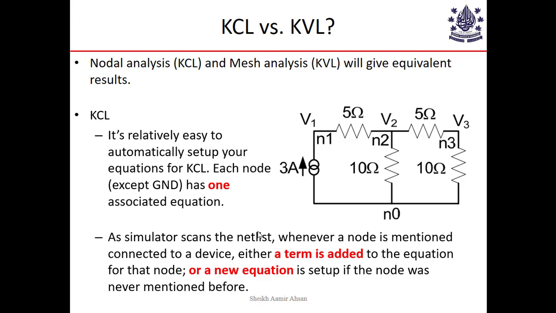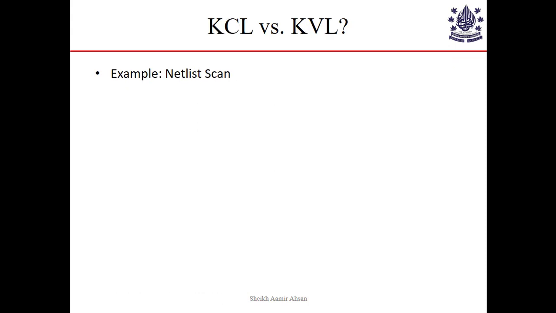So while scanning the netlist, whenever it comes across a node that is mentioned in the netlist, if that node has already been mentioned previously, then it adds a term to the nodal equation for that node. And if that is the first mention of that node, then it writes a nodal equation for that node. More of it will be clear in this example.